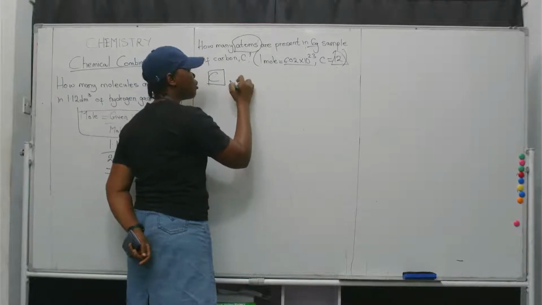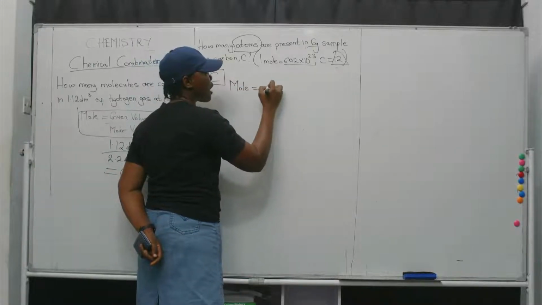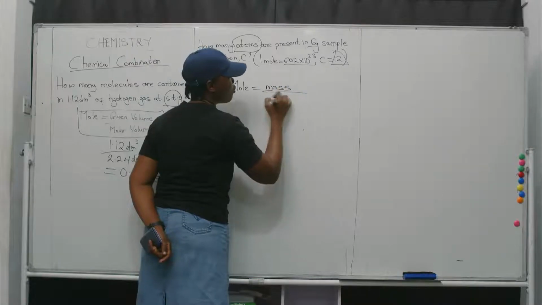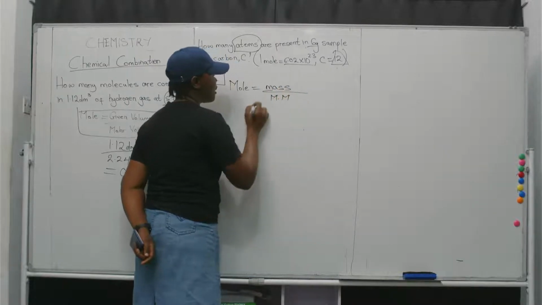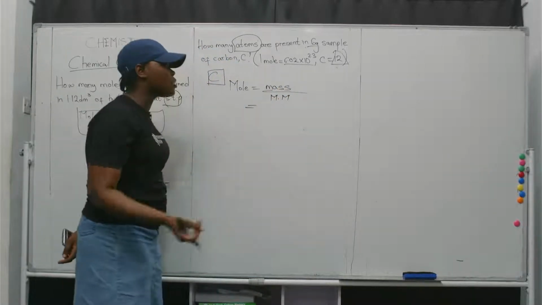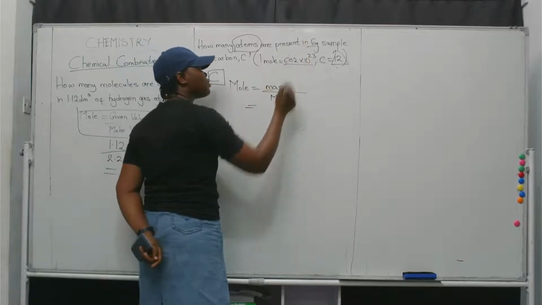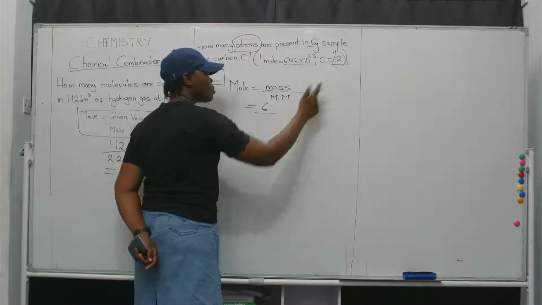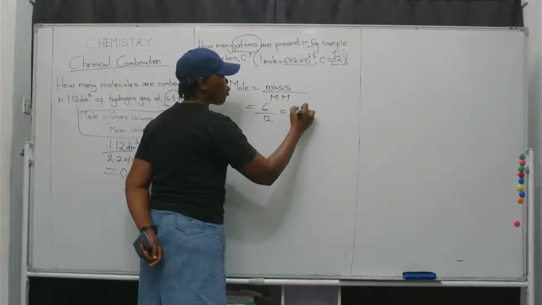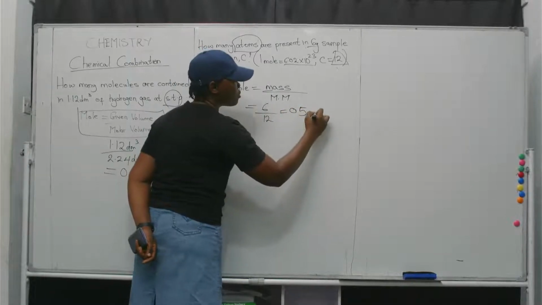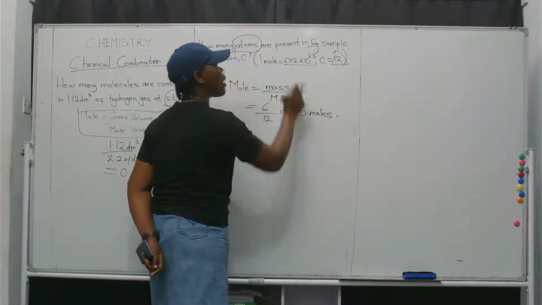So mole equals mass over molar mass. Here we are dealing with only one atom, so it will be atomic mass. The given mass is 6, so 6 divided by 12, and that would be 0.5 moles. From here, we can move on.